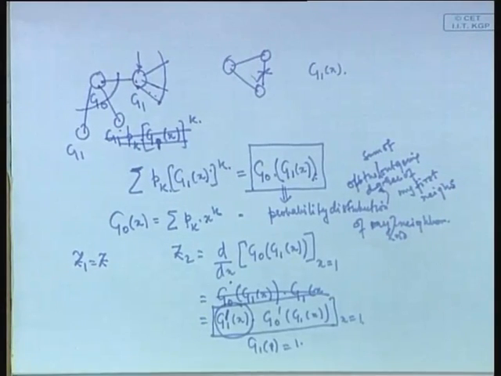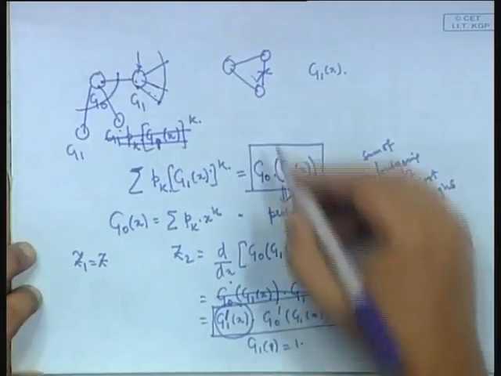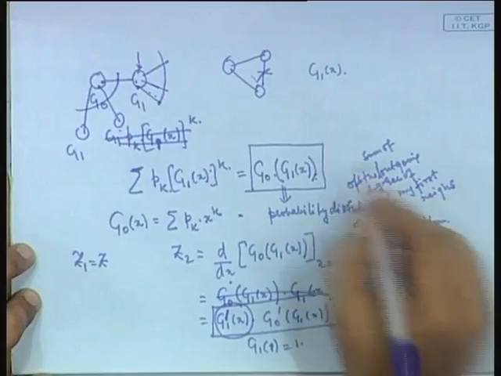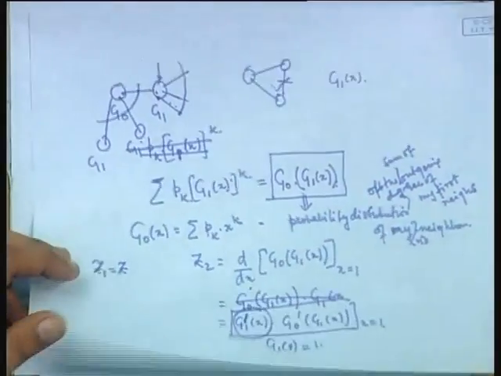Probability distribution of the sum of the outgoing degrees of my first neighbor, or you can say probability distribution of my second neighbor, meaning of the number of second neighbors.